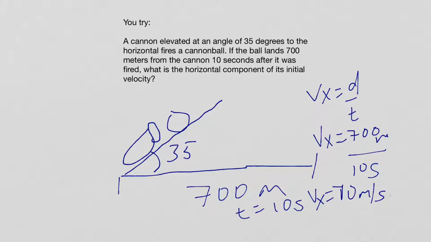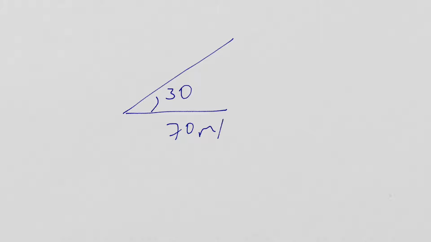If we want to find the velocity in the y direction, that's when we need to use SOHCAHTOA. So we have this, this here is 30. This is now 70 meters per second. And we have dy and the hypotenuse that we don't know.